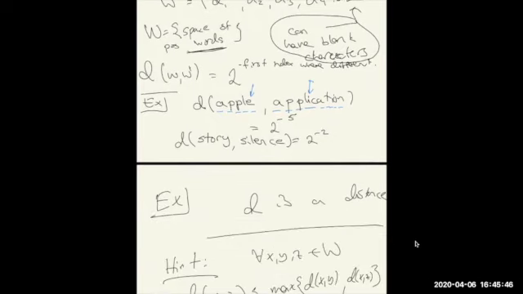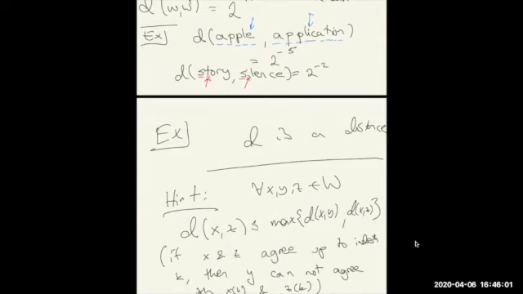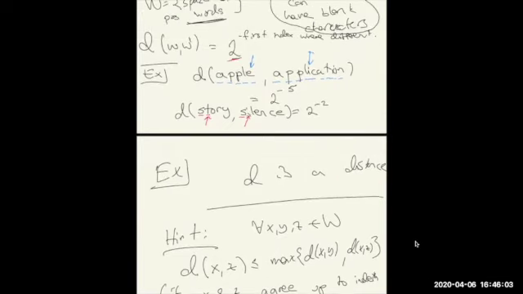Another example, story and silence: they already differ in the 2nd character, so the distance is 2 to the minus 2. Now one can show that this is actually a distance. Well, it's kind of obvious that it's non-negative because you take 2 to some power.